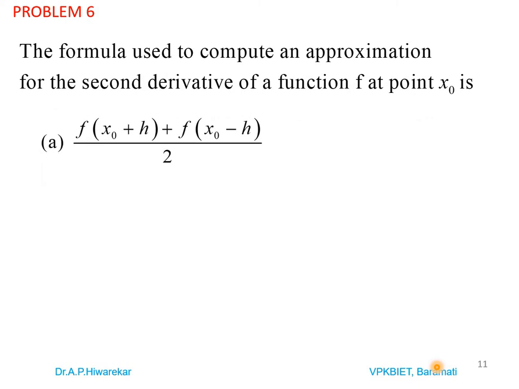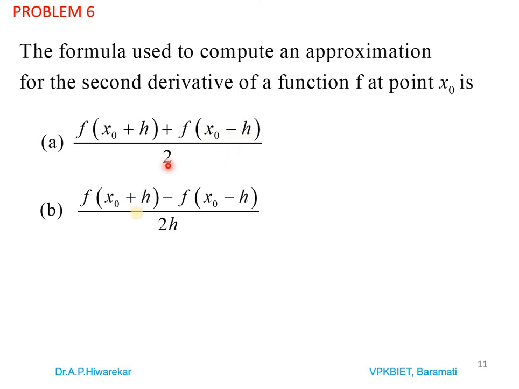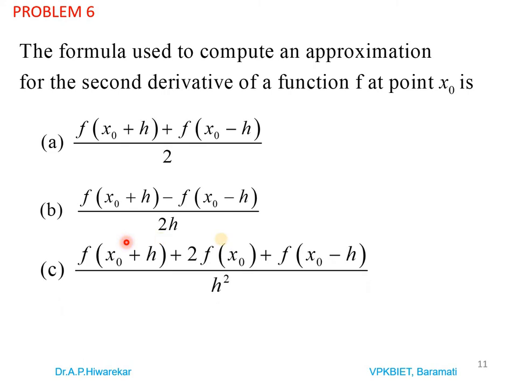So next problem. The formula used to compute an approximation for the second derivative of function f at point x0 is, these are the options: f of x0 plus h plus f of x0 minus h divided by f of x0 plus h minus f of x0 minus h divided by 2h; f of x0 plus h plus 2 times f of x0 plus f of x0 minus h divided by h square.